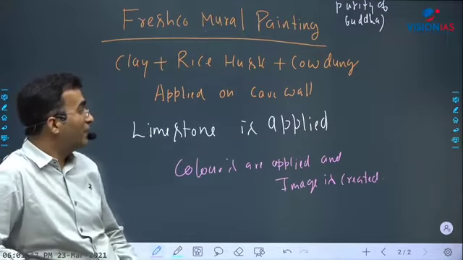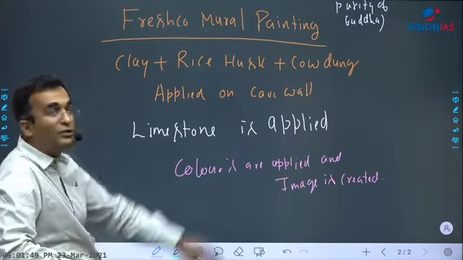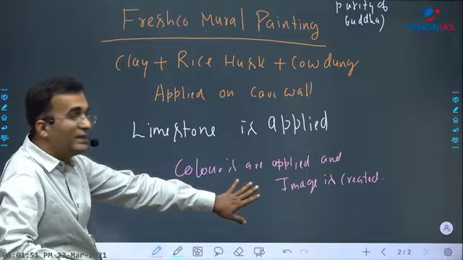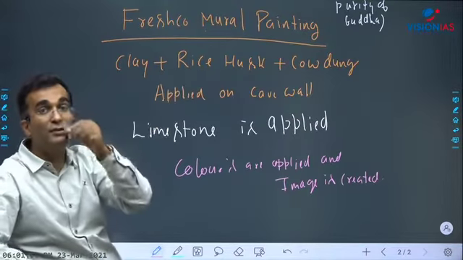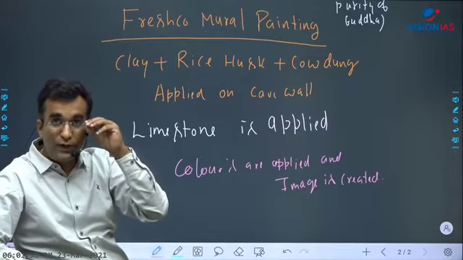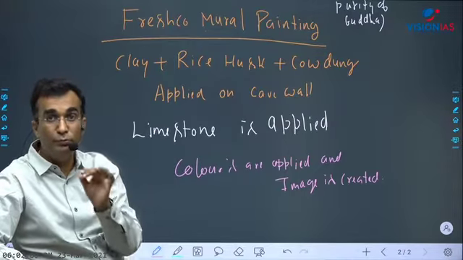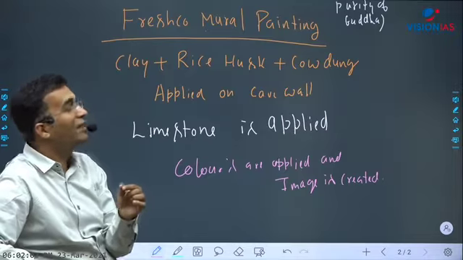So this is how the process is completed. But I'll tell you the relevance of this mixture. There are two relevances of this mixture, and moreover why this painting is called the fresco mural painting.